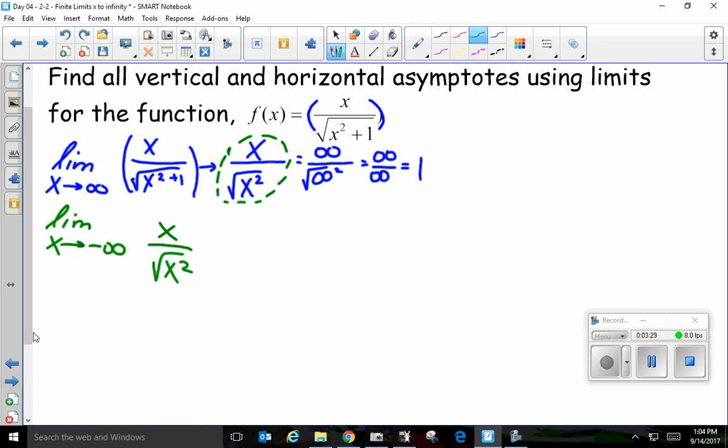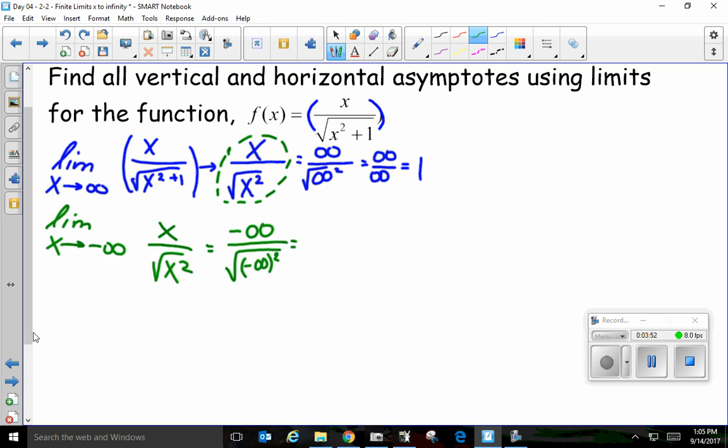There is one difference. Instead of simplifying this, let's plug in our negative infinities. I have negative infinity over the square root of negative infinity squared. What happens when I square a negative value?